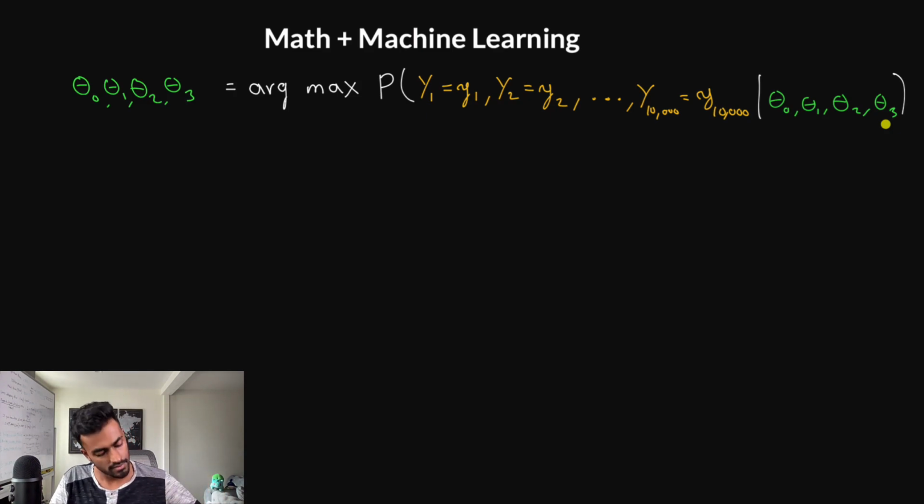Now, for the sake of completion of notation, I'm also going to write under argmax theta 0, theta 1, theta 2, and theta 3 here too. Now, this is clearly very cumbersome notation, writing all of these thetas, and so I'm going to simplify all of these thetas by creating a vector, a theta vector that I represent as just capital theta.